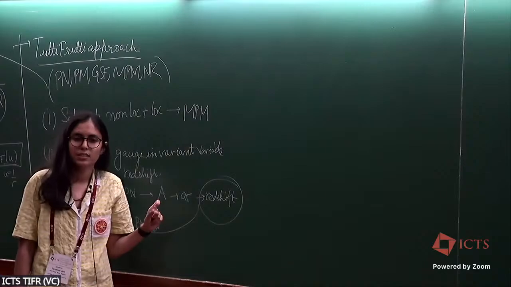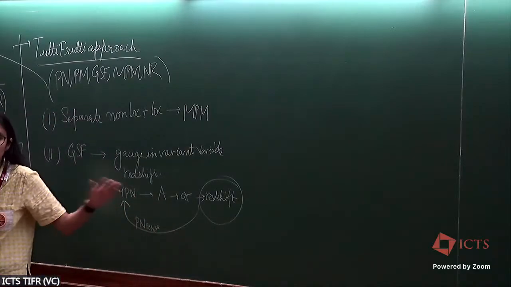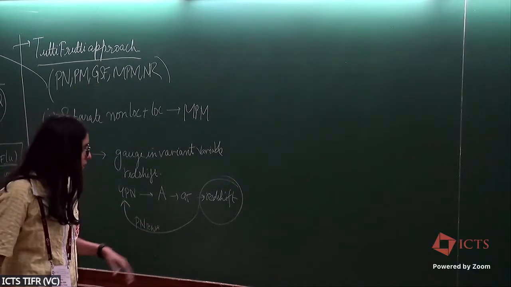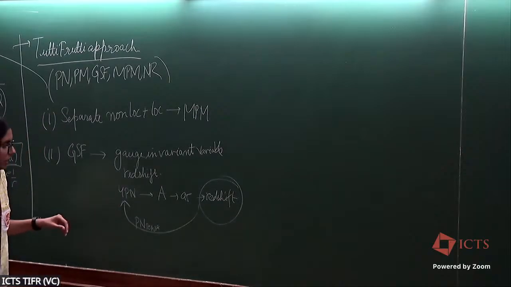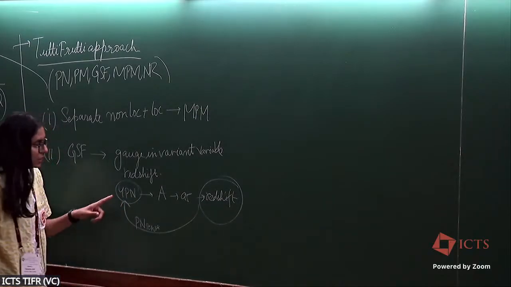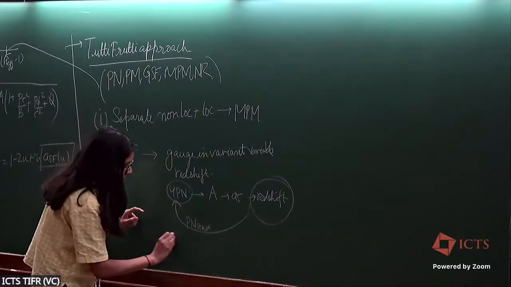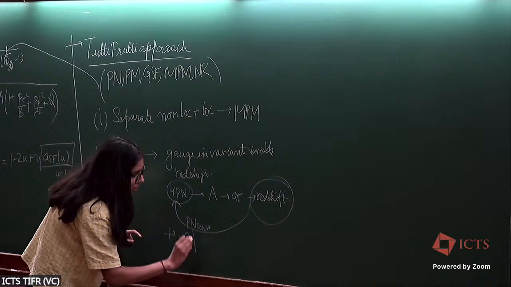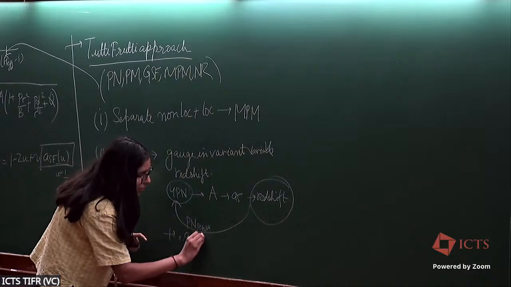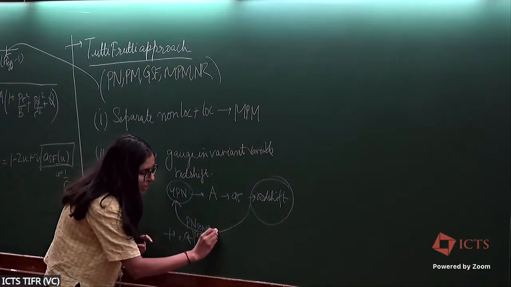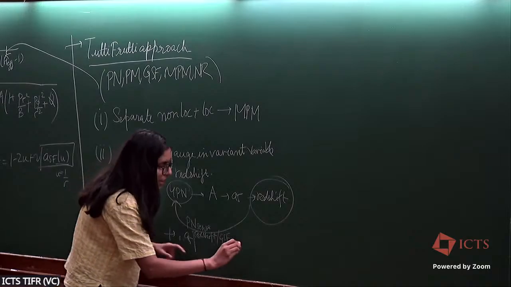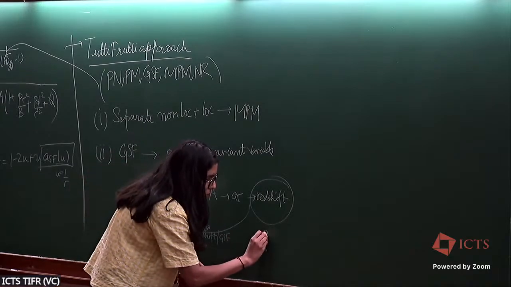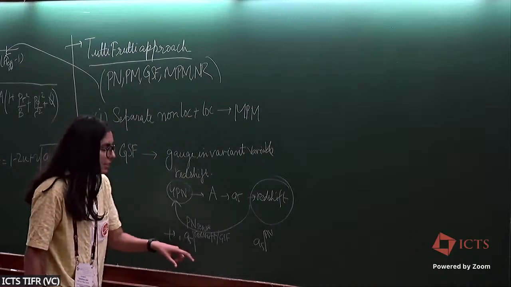The 3PN results obtained from PN and from the redshift match quite well. Whereas at 4PN order, there is a little subtlety: the result that you compute from redshift, basically the GSF computation, and the term that you compute from the PN results don't agree very well.